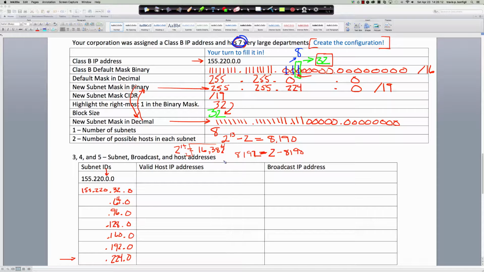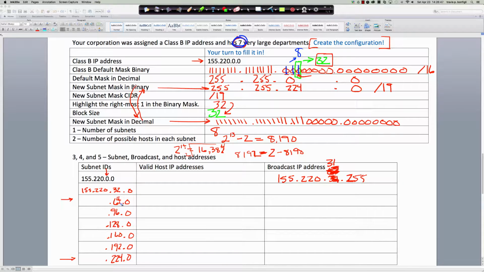So now it becomes very easy to figure out our range. The broadcast address would be 1 less than the next subnet ID. So 155.220.31.255, because after 31.255 comes 32.0.